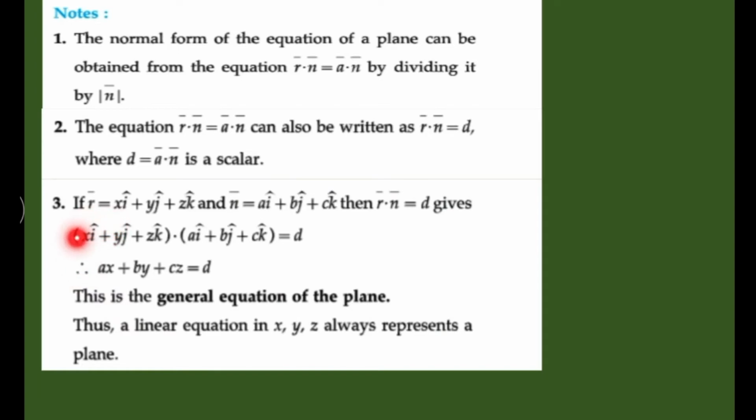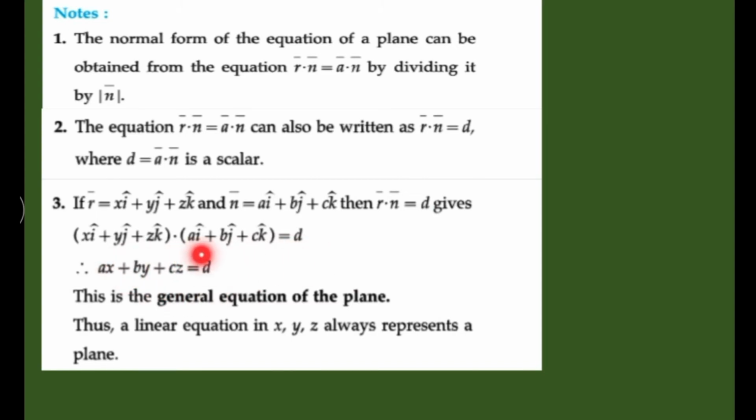Third note, if r bar equals xi plus yj plus zk and n bar equals ai plus bj plus ck, then r bar dot n bar equals d gives, we replace r bar by xi plus yj plus zk and n bar by ai plus bj plus ck equals d.